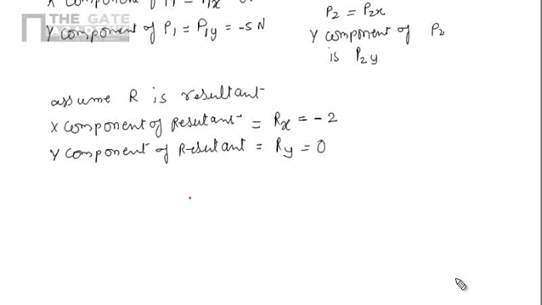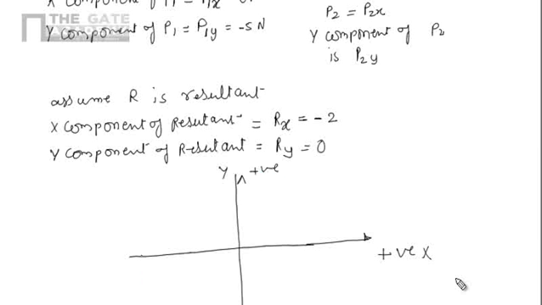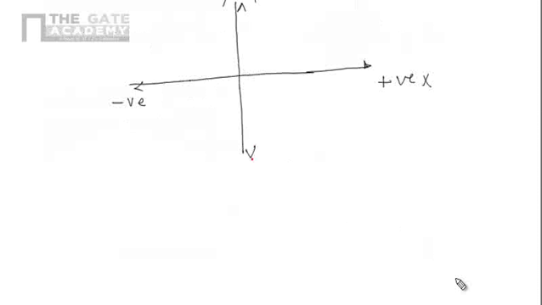Now I am drawing the diagram here for our clear understanding. So this one is our axis. Here we have positive x, here positive y, negative x and negative y. Now we have the component P1x. The x component of P1 is acting in the positive direction, so this one will be the 3 Newton here.